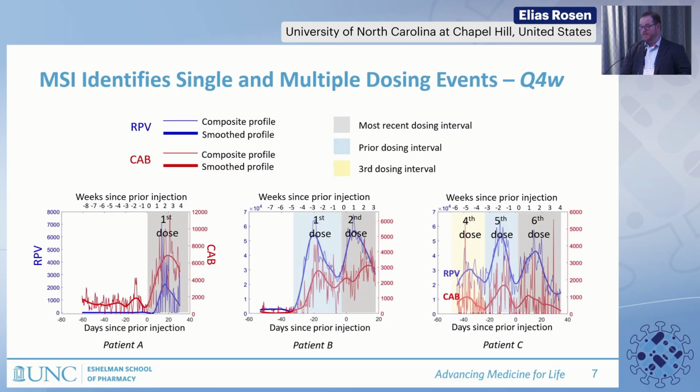So the figures shown here show the profiles of cabotegravir in red and rilpivirine in blue, along with a smoothed profile of each in the thicker lines to help guide your eye, so it's a little bit easier to see the dosing intervals. The x-axis reflects time, either in days or weeks, and is referenced to the time point of their most recent injection.